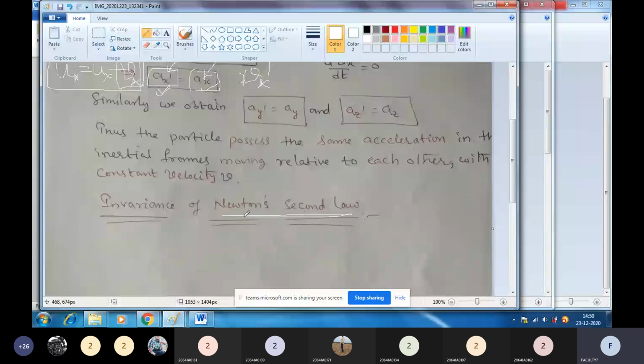The second law states that F equals ma. Here the acceleration remains constant, and we will mention that and conclude the topic. As the acceleration remains the same in both frames, we will conclude that it is invariant, or invariance. There is no change. That is what we will see in the next class.